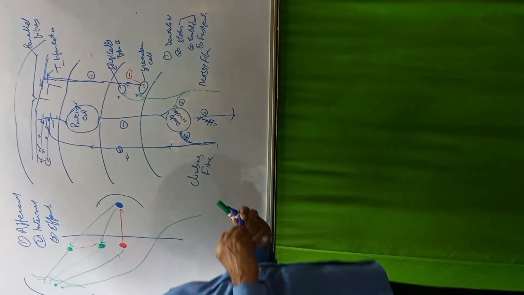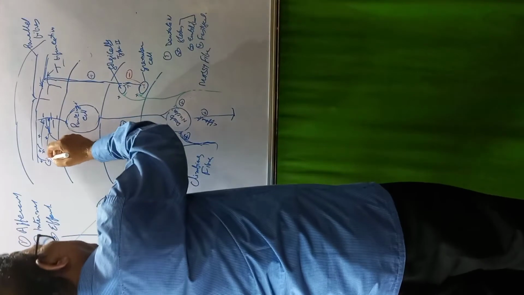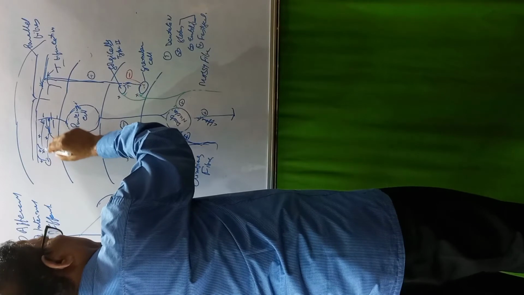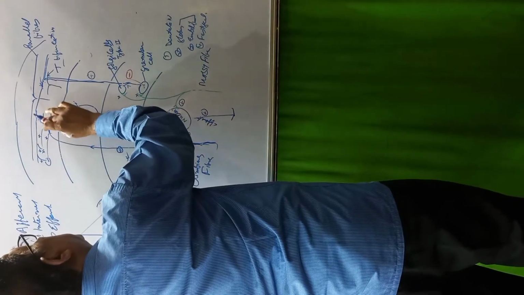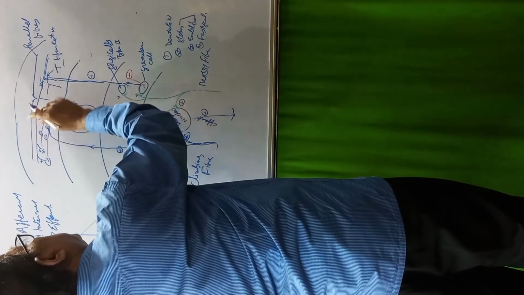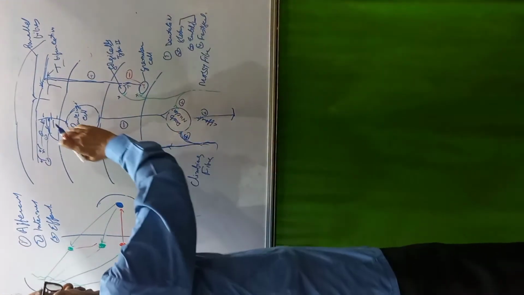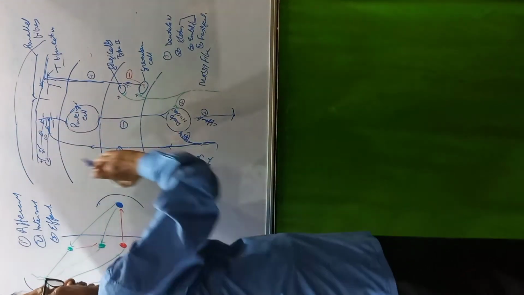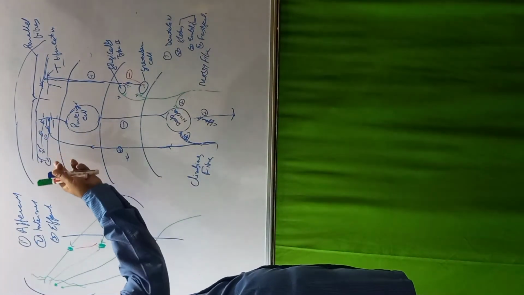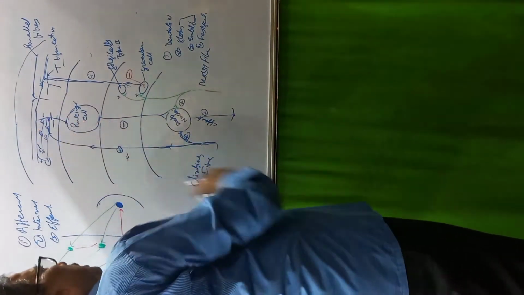Now, when the basket cells are stimulated, their axons make synapse with dendrites of the Purkinje cell. The stellate cell or basket cell axons make synapse with dendrites of the Purkinje cell.